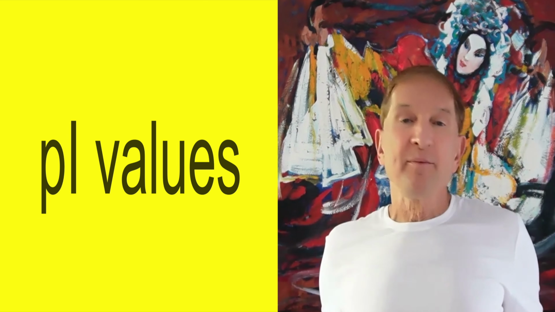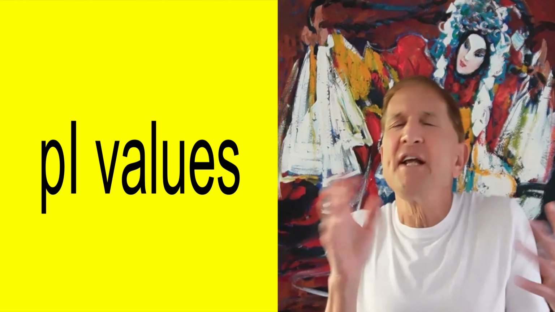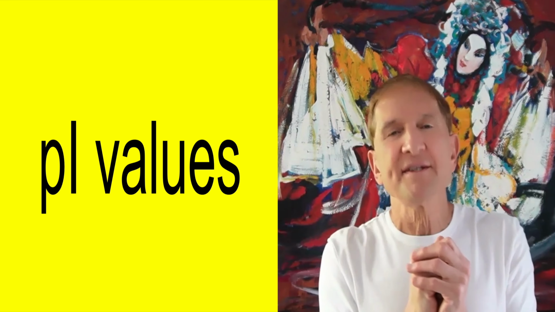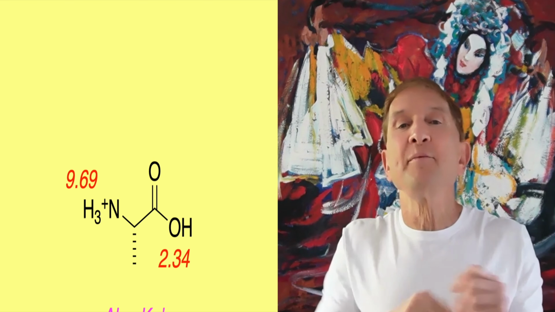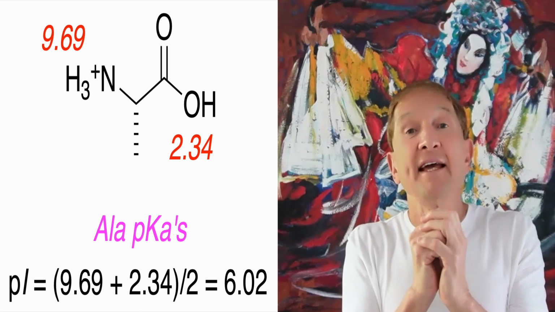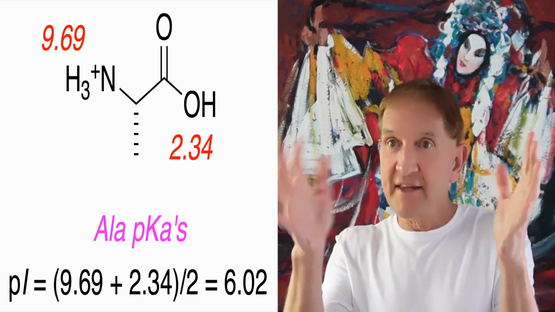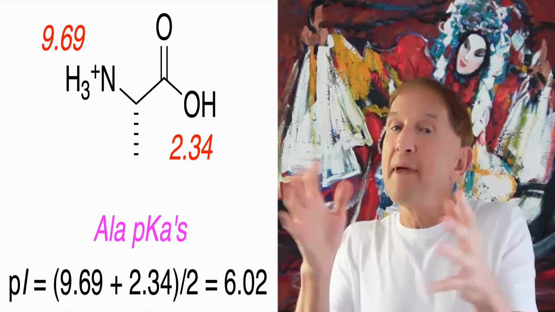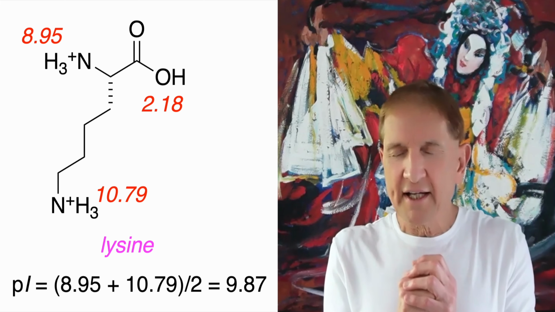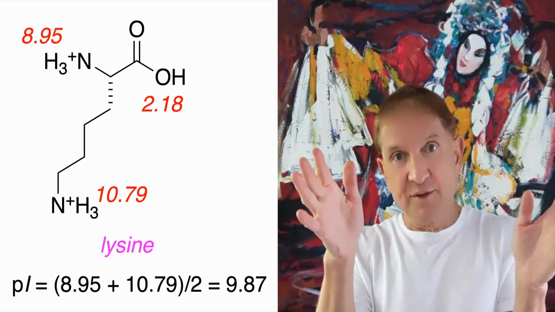I have to tell you about pI values of amino acids too. pI values is just the combination of their pKas for the different residues. If we're talking about a free amino acid, the pI value will simply be the average of the amino and the acid pKa values, providing there's nothing acidic or basic in the side chain. Take the average of these two, for instance, and you get the pI value for alanine. Let's consider a basic amino acid, a little bit more complicated. So the way I conceptualize this is one amine and the acid will cancel each other out.